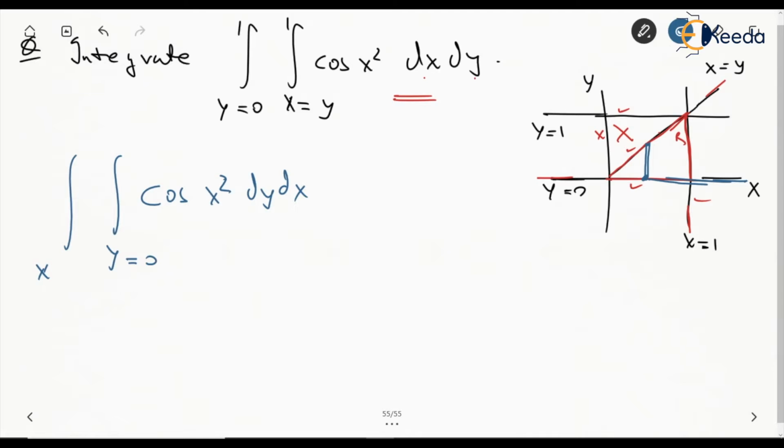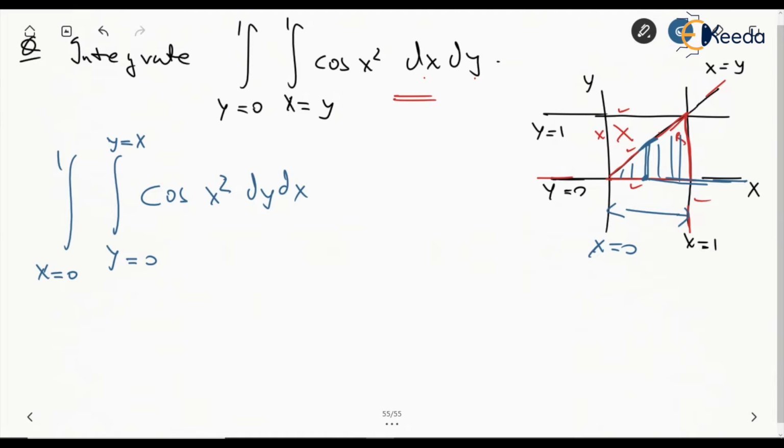The upper limit lies on this line, and this line is x equal to y, or we can say y is equal to x. It is all the same, y equal to x. Secondly, these vertical elements are defined in this interval, which is from x is equal to 0 to x is equal to 1. So the limits for x are going to be 0 to 1.